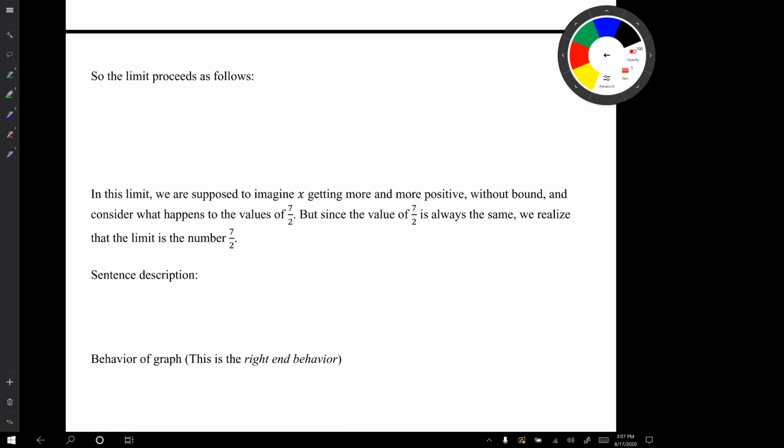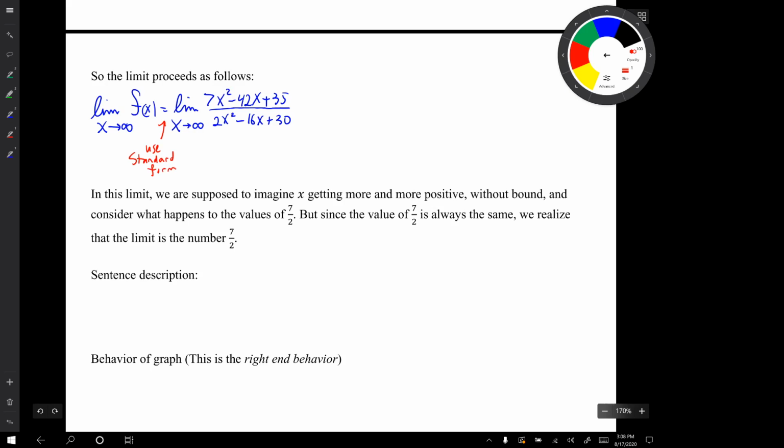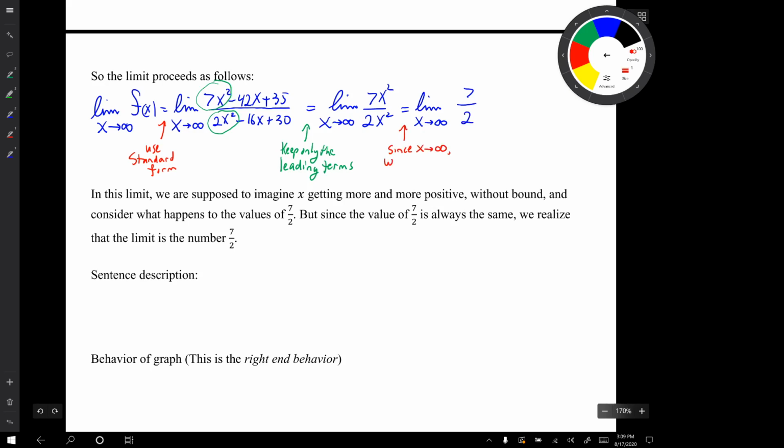So the limit proceeds as follows. So the limit of f of x, that is the limit of this enormous rational function, which we use the standard form of, is equal to the limit of this simpler expression where we've kept only the leading terms.